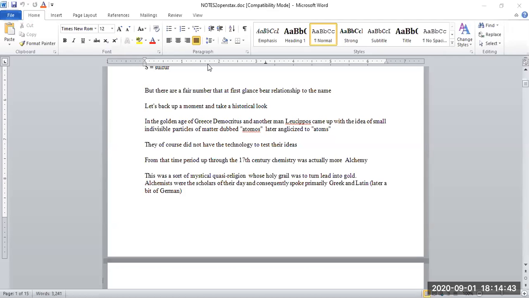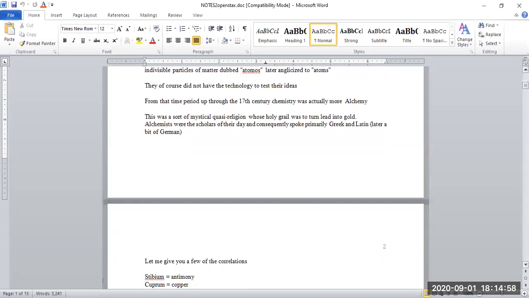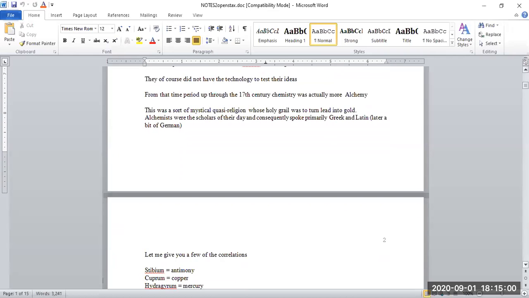Everybody else, they're illiterate. So they were the scholars of their days. Hence, most of the people who were alchemists spoke Greek and Latin. And as the 17th century began to head into the 18th century, we're also going to toss German in there too.